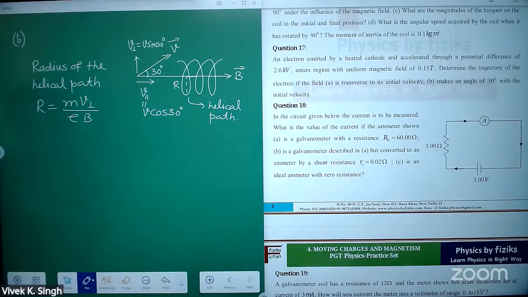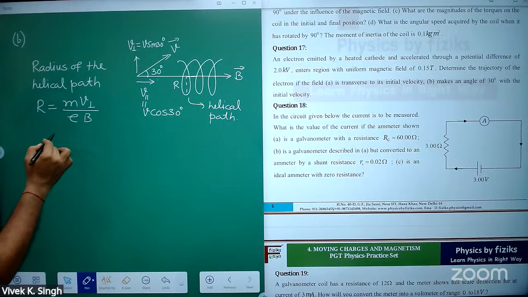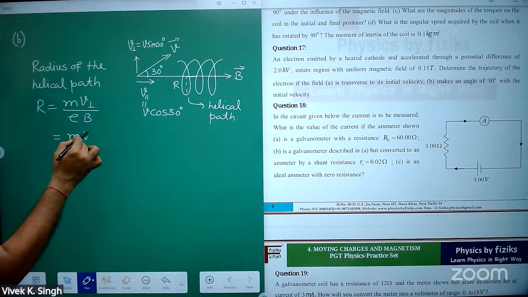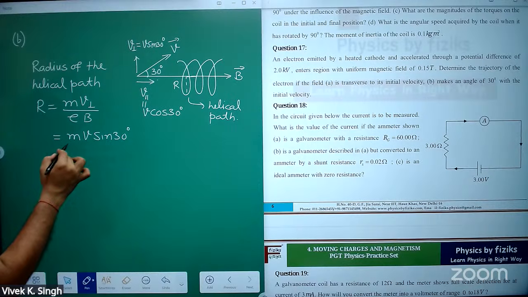So let's calculate this value. And m V perpendicular is m V sin 30. So this will be given by m V sin 30 by eB.